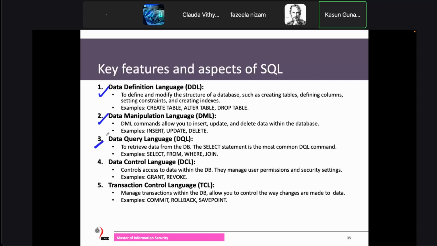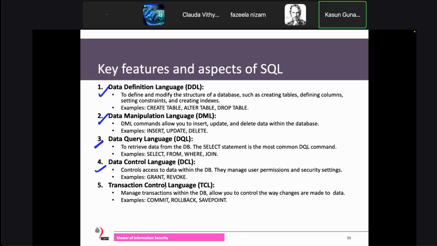Data control language basically controls access to data within the database. So your access rights will be controlled using the data control language, mainly about SQL grant and revoke commands.